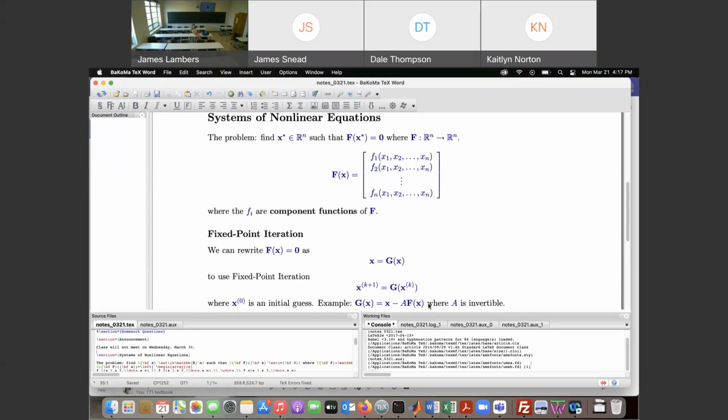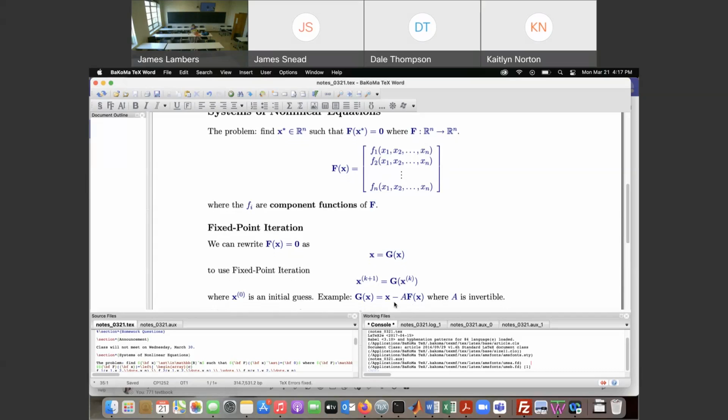Before, in the single variable case, we had x minus lambda f of x, where lambda had to be some non-zero constant. Here, it works to multiply f of x by a matrix A. So this is a matrix vector product, where the matrix A is just required to be invertible.